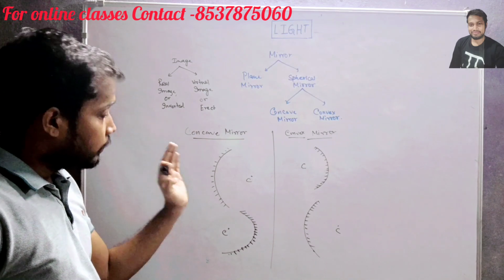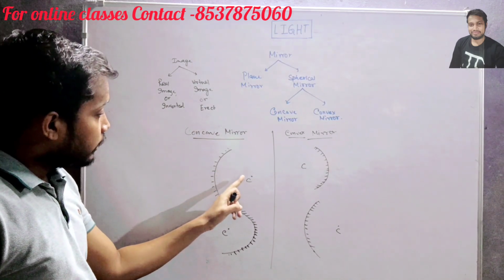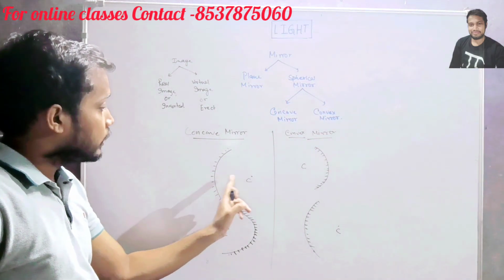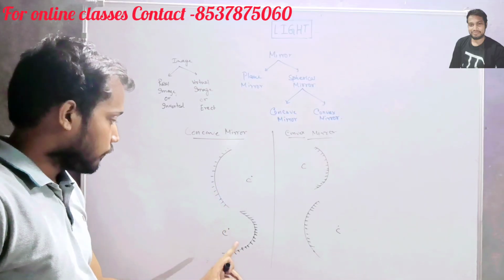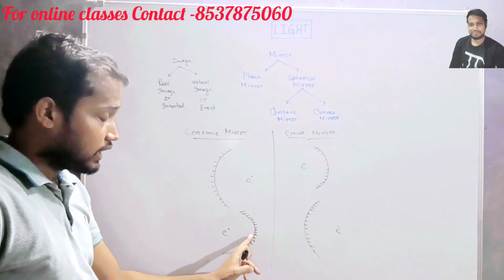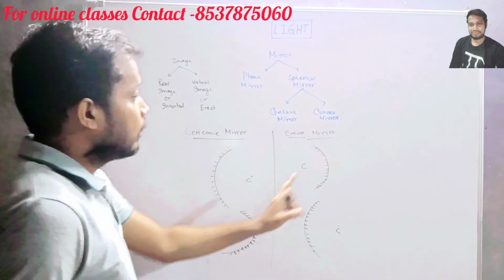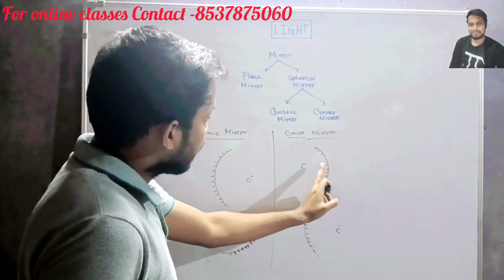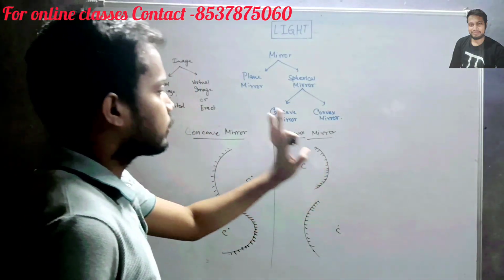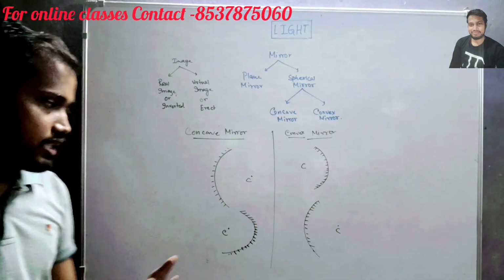We have to be very clear that when the cave surface is towards the center, that's a concave surface. When the cave part is the rough surface, that is a convex mirror. Is it clear? I think it is clear.